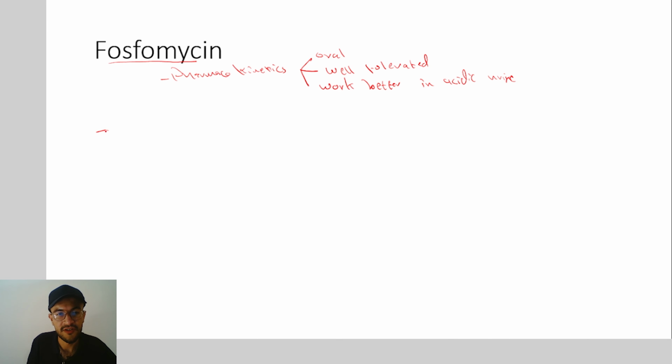The mechanism of action of fosfomycin is that it inhibits the cell wall of the bacteria, and this gives it a bactericidal effect.